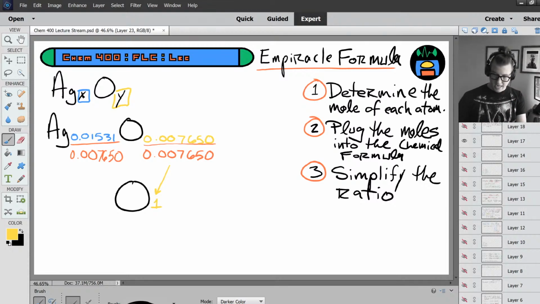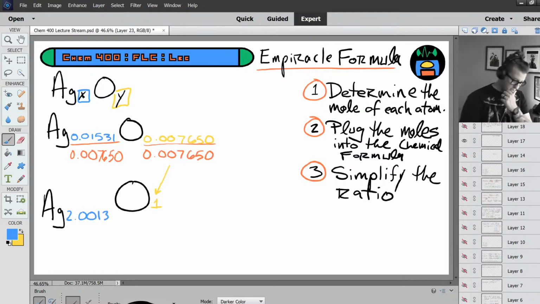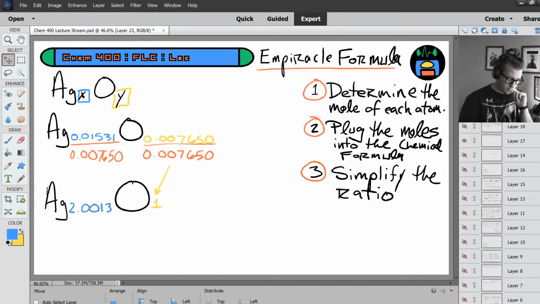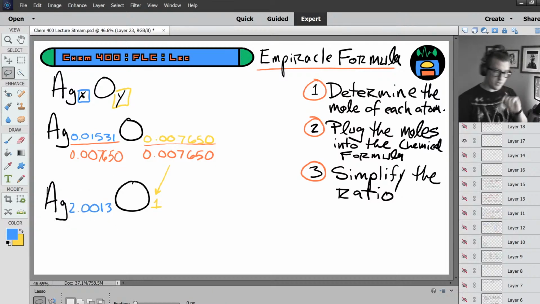Silver, well, let's see what happens. 0.01531 divided by 0.007650. All right, now you'll notice silver doesn't get instantly better. Just oxygen did. Silver subscript is now 2.0013. Then it keeps going. So this is not a simple whole number ratio yet.